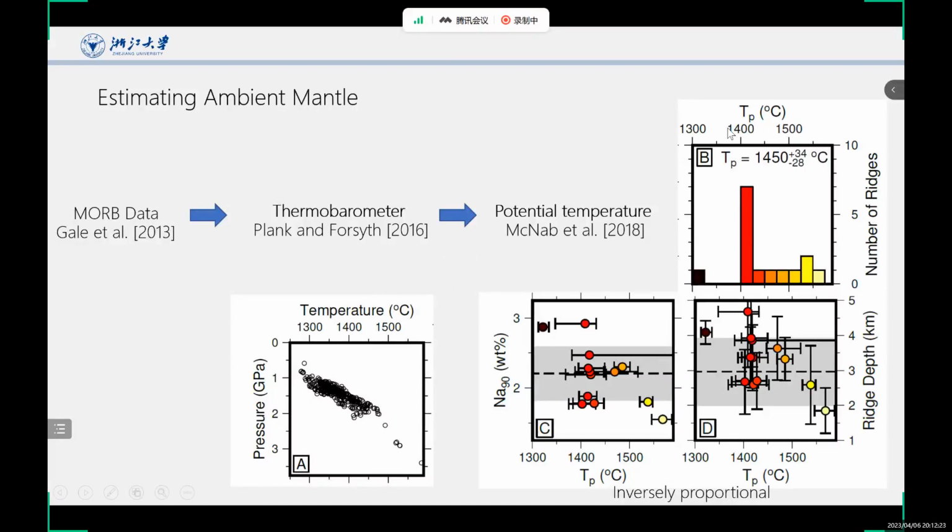And they found the result, for all the data, the mean value is 1450 degrees C.